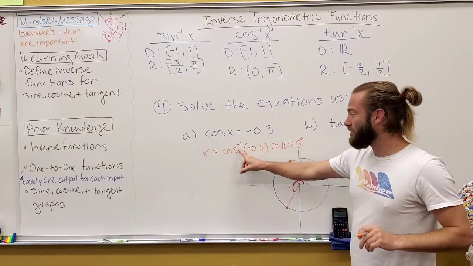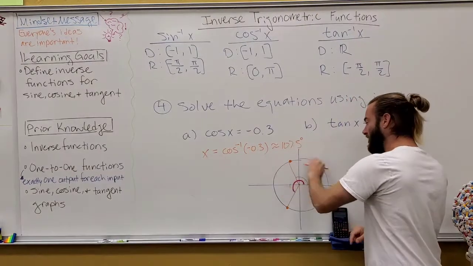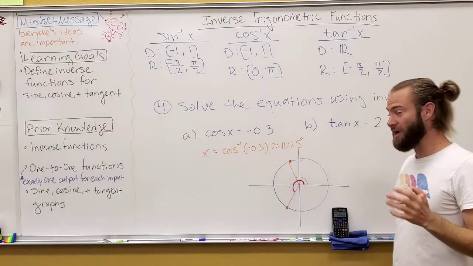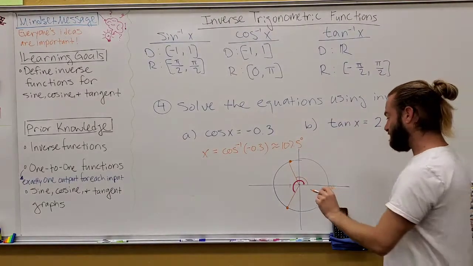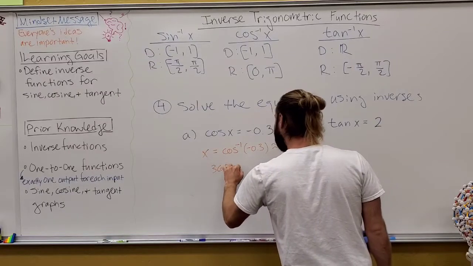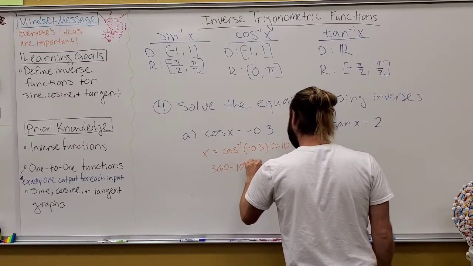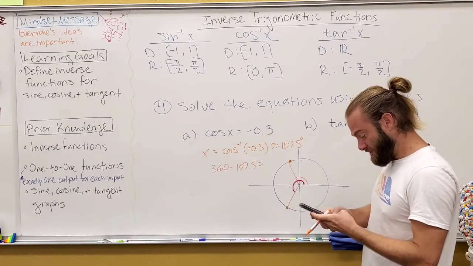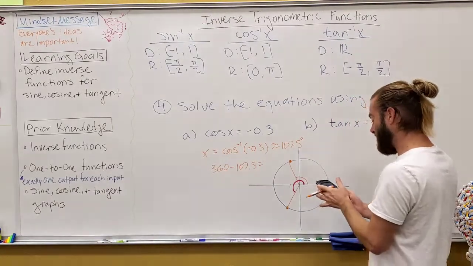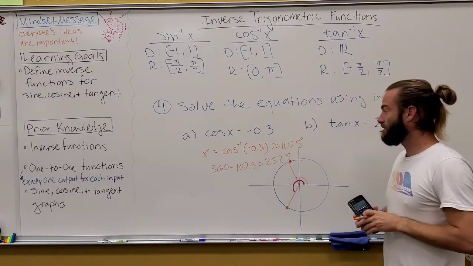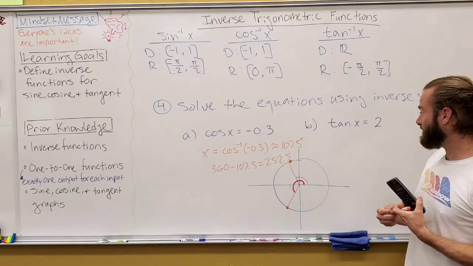And that's just because cosine inverse is only looking on 0 to pi, because that's what we decided was its range. So then we say, okay, 360 minus 107.5 is going to give me the other solution. So 360 minus my answer, and that's about 252.5. Okay? So this brings more context into this.